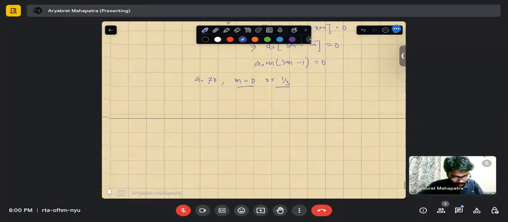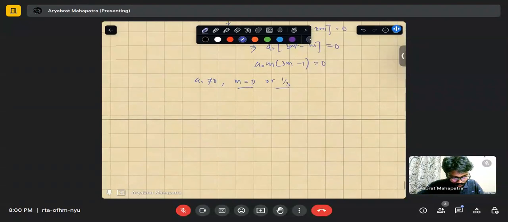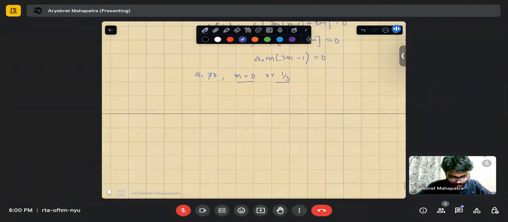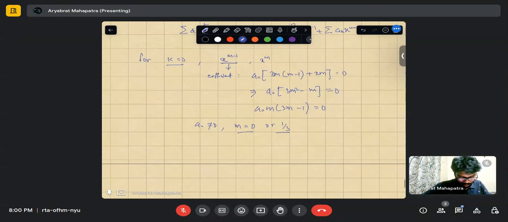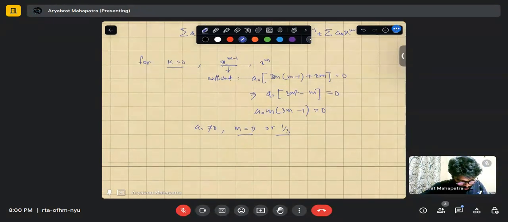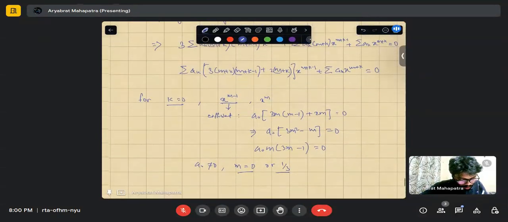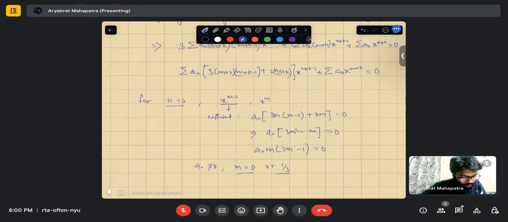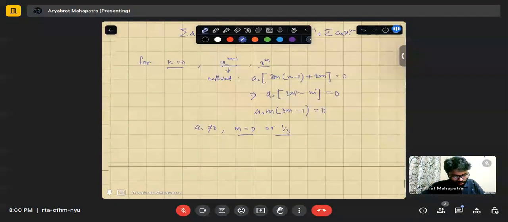Once you get the two values of m, there is one more coefficient where you can also set it equal to 0, that is the coefficient of x to the power m.